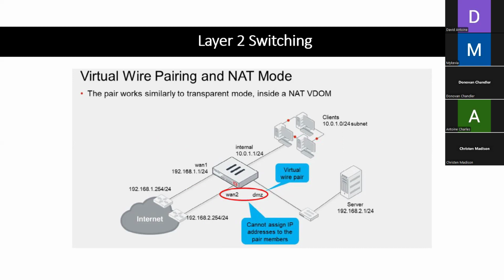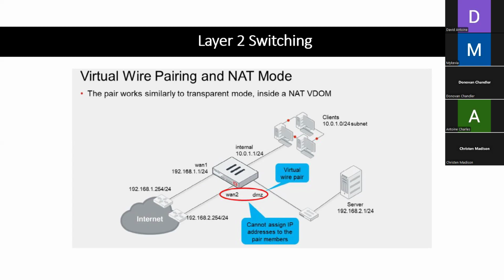Yeah. So don't get hung up on DMZ. I don't want you to get hung up there. DMZ and WAN 2 are just physical interfaces. And they're just what, for this example, Antoine called them. I want you to focus on that these interfaces don't have IP addresses on them on a FortiGate that's running in layer 3 because Antoine configured them to be a virtual wire pair.